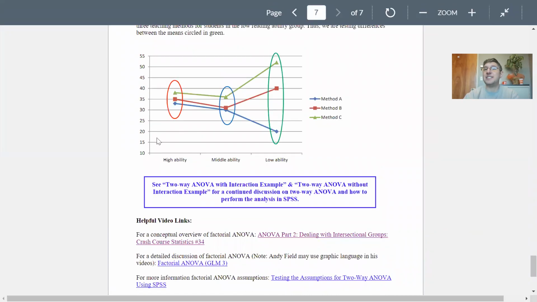We'll work through this example in the two-way ANOVA with interaction effects video. I go through this example for you. And there's also an example demonstration of how we'd run the analysis and interpret it in SPSS for a two-way ANOVA without an interaction effect.